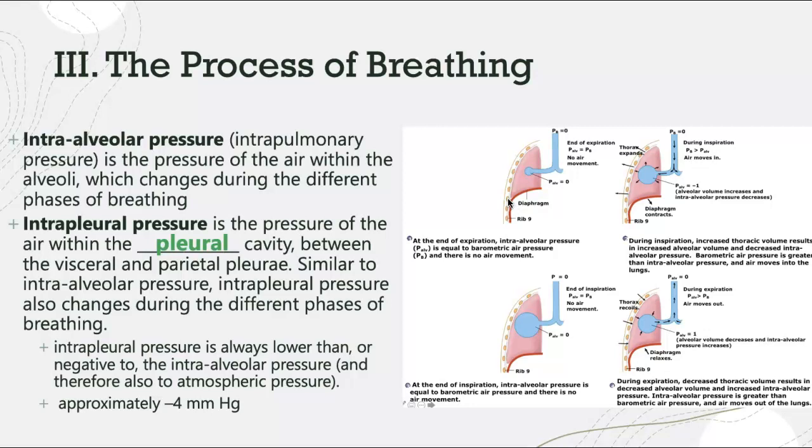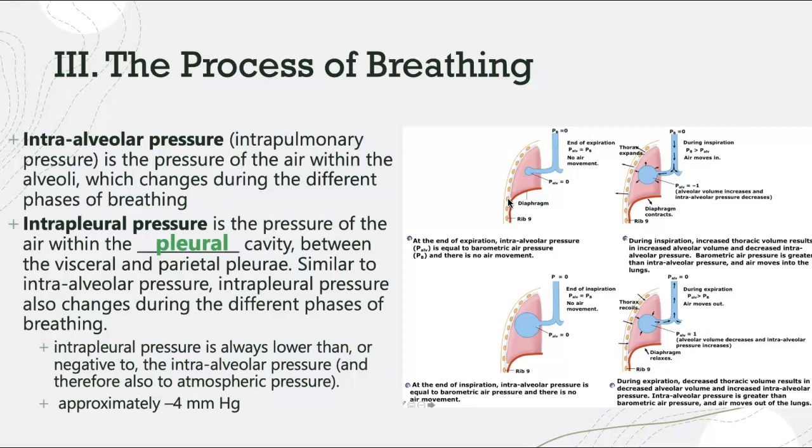And that's going to be similar to our intraalveolar pressure. Our intrapleural pressure will change during the different breathing phases as well. We'll see that the intrapleural pressure is always going to be lower than or negative to our intraalveolar pressure, and therefore also our atmospheric pressure.